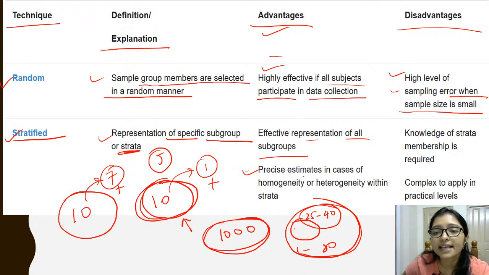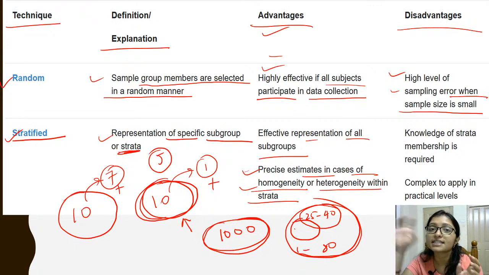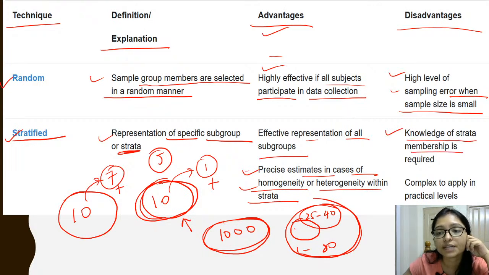And precise estimation in case of homogeneity or heterogeneity within the strata. Homogeneity and heterogeneity means in the subgroup you are selecting the same types of data or different types of data. If you are combining like that, then it will give you the correct result. The disadvantage is that knowledge of strata membership is required.